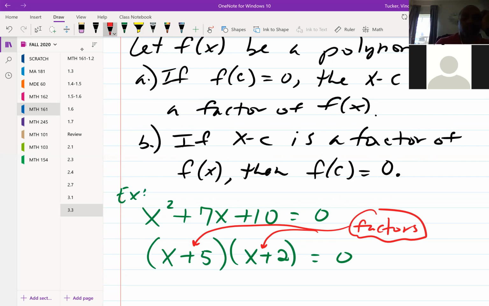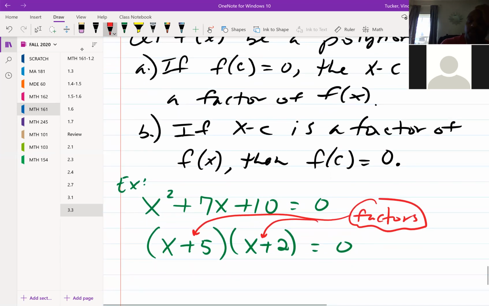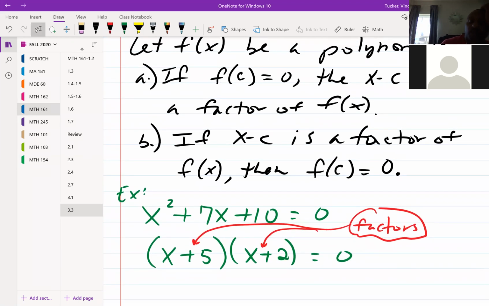So how this connects is that, let's say we want to solve x squared plus 7x plus 10 equal to 0, and we factor the trinomial. So x plus 5 and x plus 2 are factors. That's what we're talking about here in the factor theorem. They're factors of x squared plus 7x plus 10.